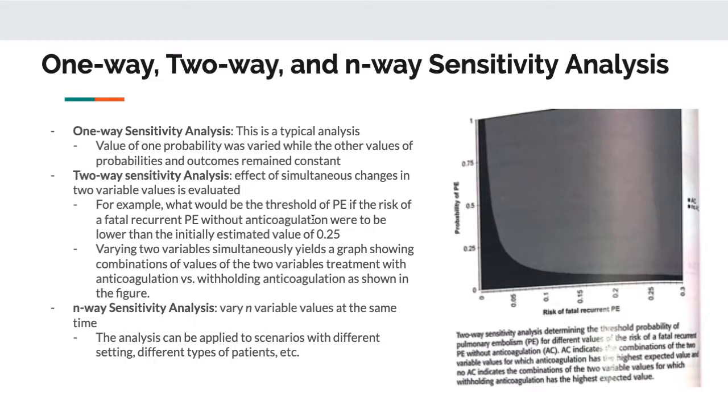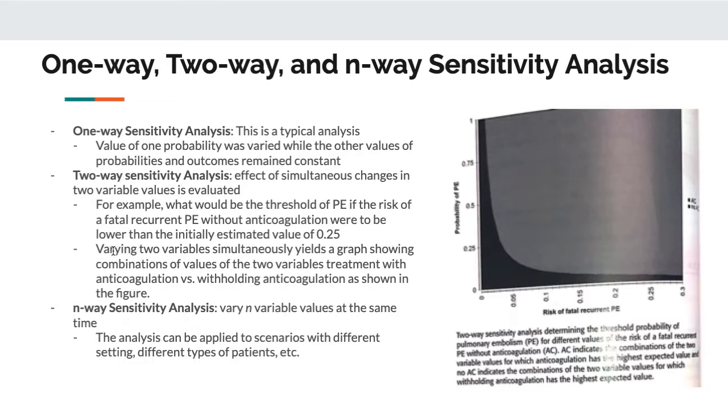And with that estimate, the recommended treatment is the AC method. Now the question is, what if both of the values are not the same as the estimated value, and PE is not 0.19 and fatal recurrent PE is not 0.25? Do we change our recommendation? So that's going to be a two-way sensitivity analysis.